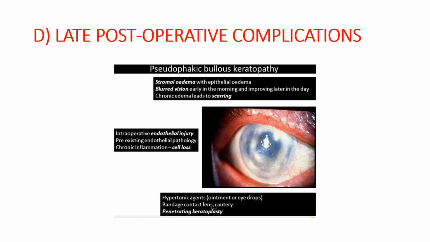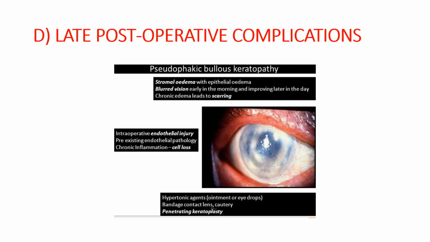Now coming to the pseudophakic bullous keratopathy. As I have mentioned earlier, in the early post-operative complications, we see striate keratopathy. Now if the striate keratopathy persists and if it is of severe type, it leads later on to pseudophakic bullous keratopathy. So here, you can see in the picture there's a haziness of the cornea.